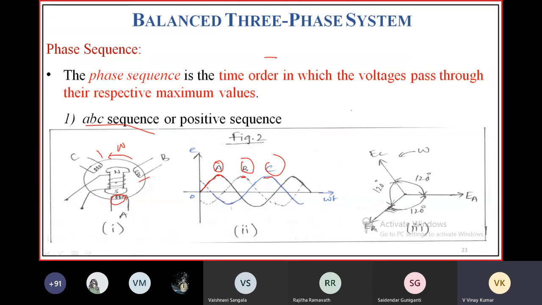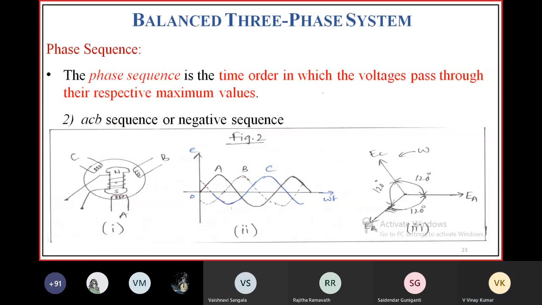So we can have EA equal to what? EA is equal to EM sin omega t, which is equal to E at an angle 0 degrees.